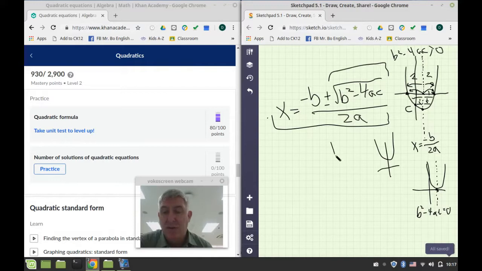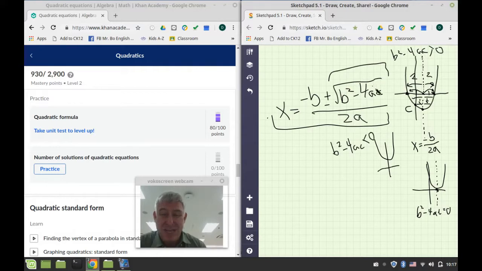And then if b squared minus 4ac is less than 0, then we can't solve that, and we'll see there are no solutions.